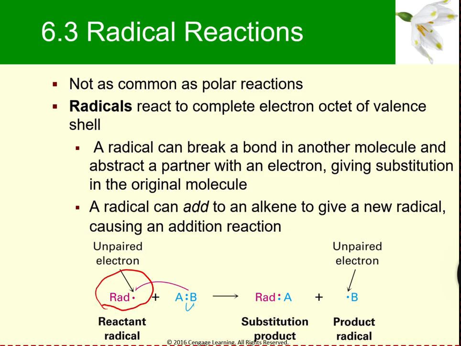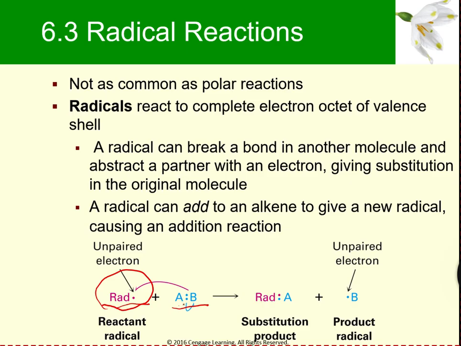Because they are in high energy, they will readily react with other organic compounds. And the unpaired electron wants to make a pair with another electron, so they abstract one electron from the other molecule.